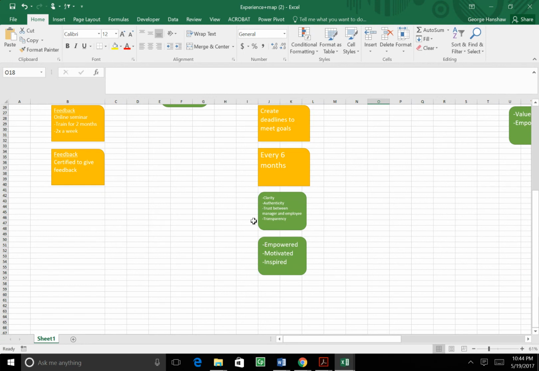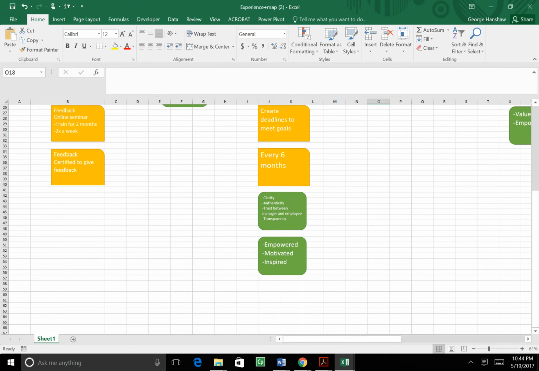And now take a look at this box above where it says clarity, authenticity, trust between manager and employee, transparency. Well, those are traits. So in the green, we're going to identify traits, and then underneath that in green again, we're going to identify the feelings or emotion that will hopefully be the desired outcome from that.